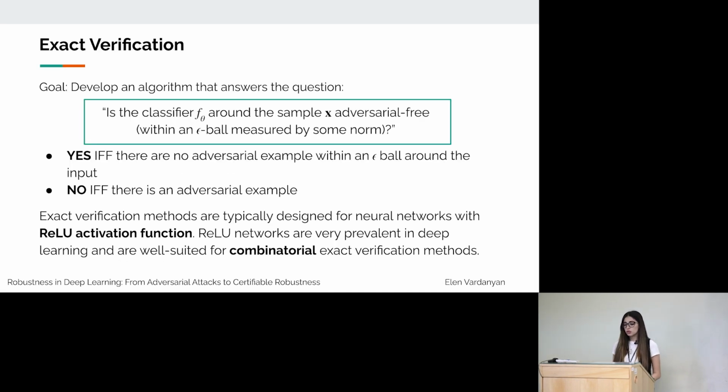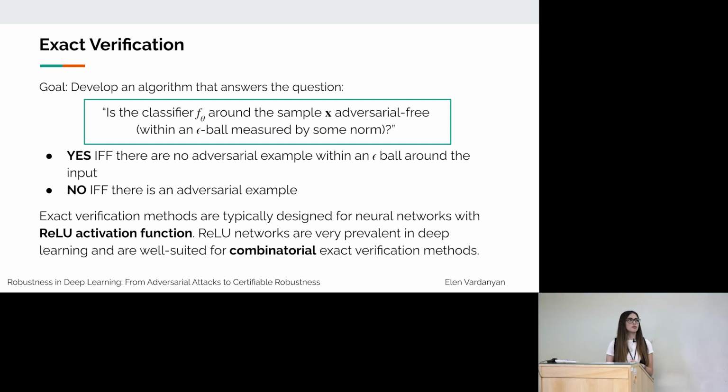So the goal is to develop an algorithm that specifically answers this question: is the classifier F around the sample X adversarial free? This question is in the context of epsilon balls around this given sample X, and we get the answer yes if and only if there are no adversarial examples in this epsilon ball, and we get no as an answer if and only if there is an adversarial example.